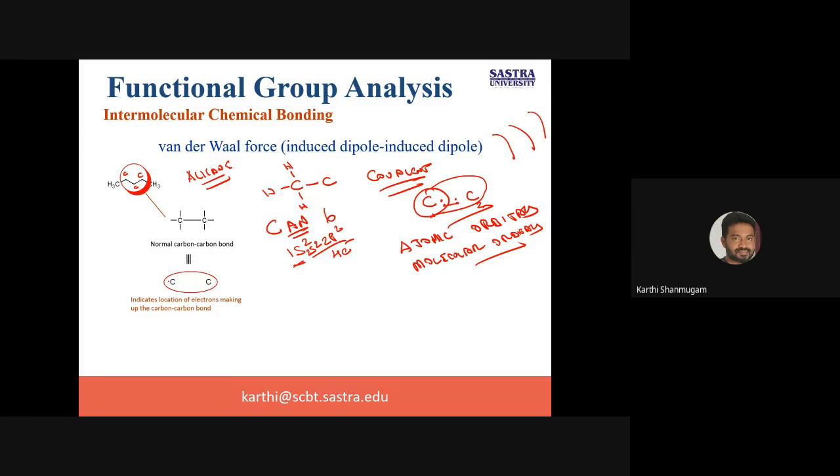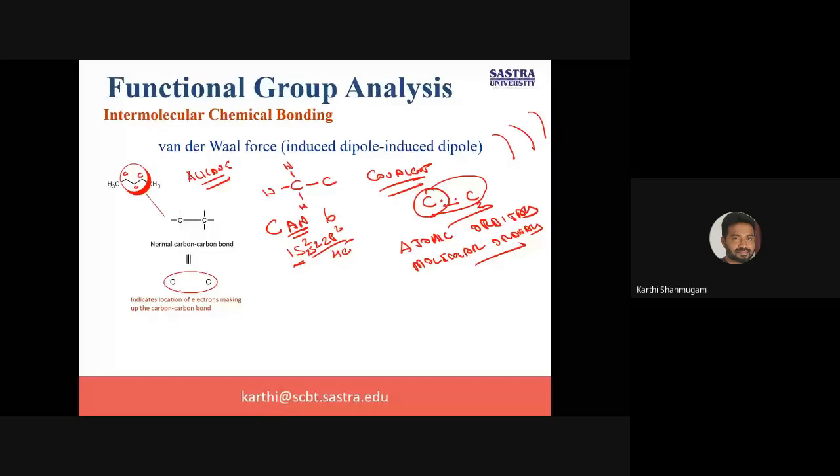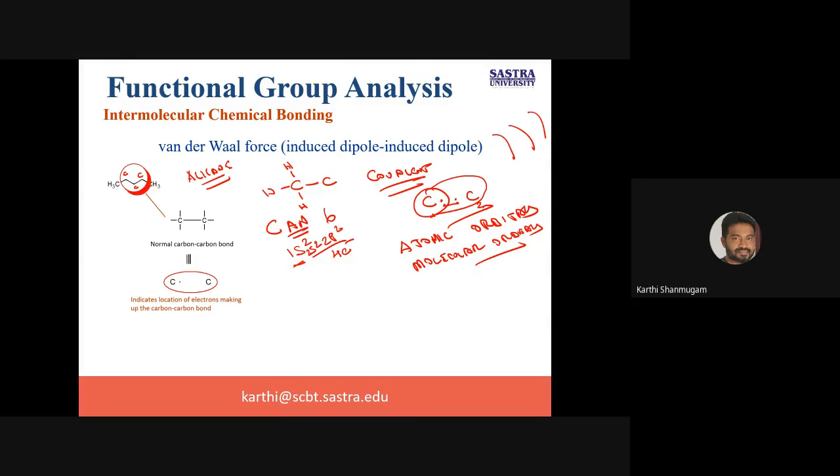So in this case, there is an overlap between the orbitals of two carbon atoms that leads to the formation of the molecular orbital. Now the electron can be present anywhere within this orbital. When one electron is present here and another electron is present here, the electronic cloud will be very even. The electrons are evenly distributed over carbon atom 1 and carbon atom 2.